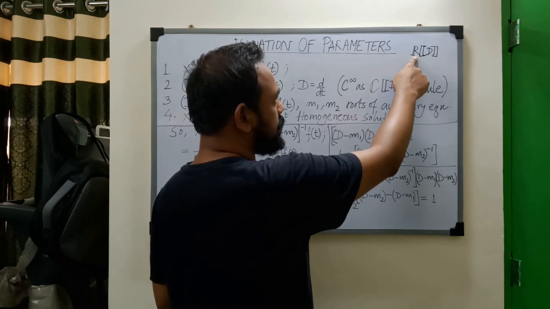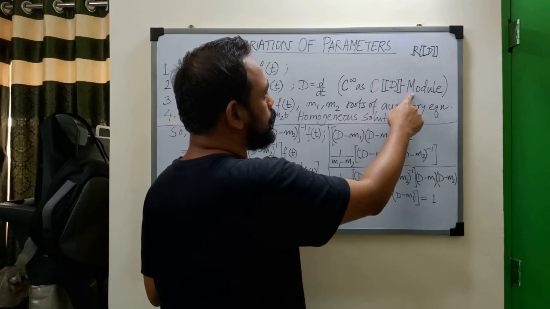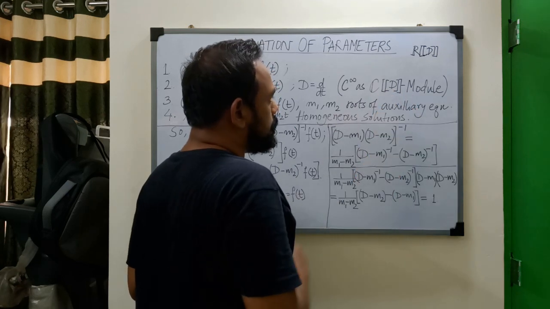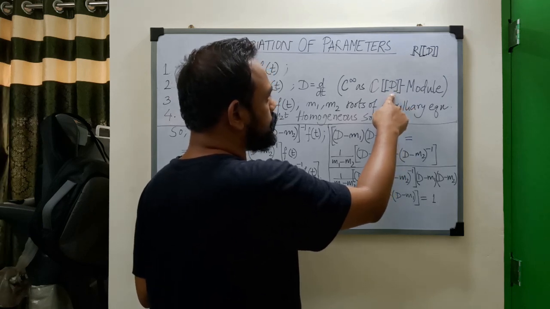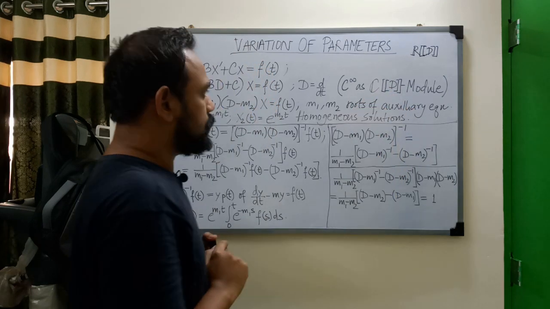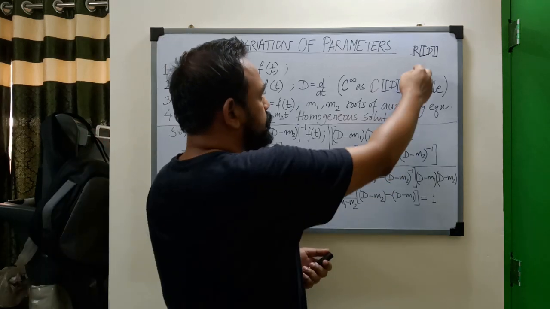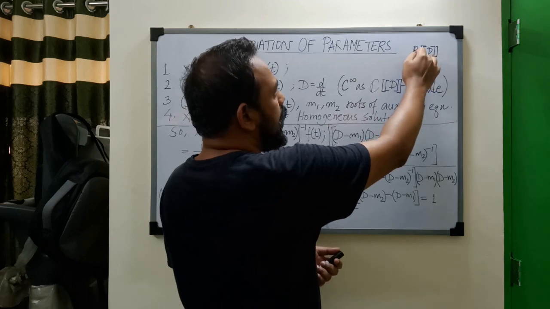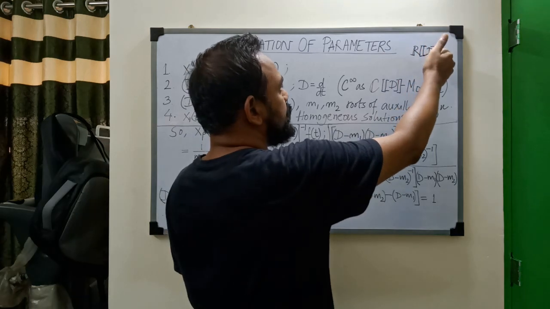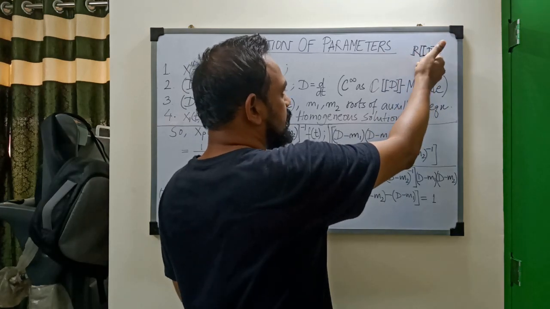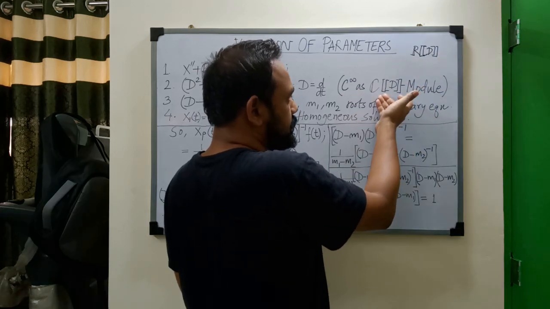We had R over there when we were developing this theory, but it can also be seen as a C[[D]] module, okay? A module over the ring of formal power series in D over the field of complex numbers. Really all the things that we have learned for this, because R is actually a subfield of C, so all those things that are valid with C infinity as an R[[D]] module are also valid for C infinity as a C[[D]] module.